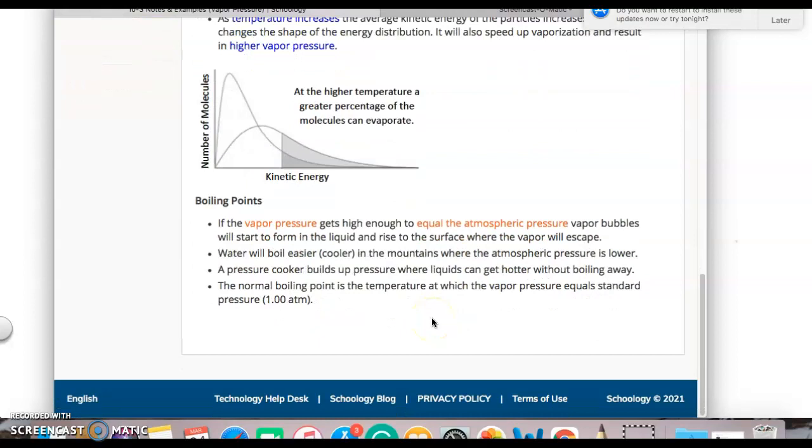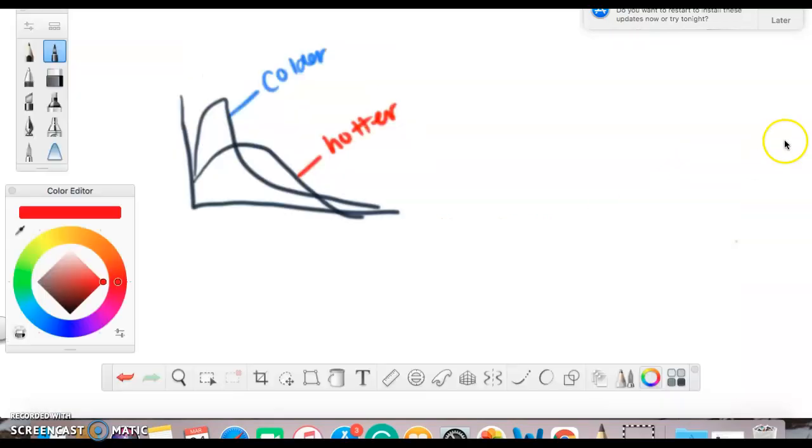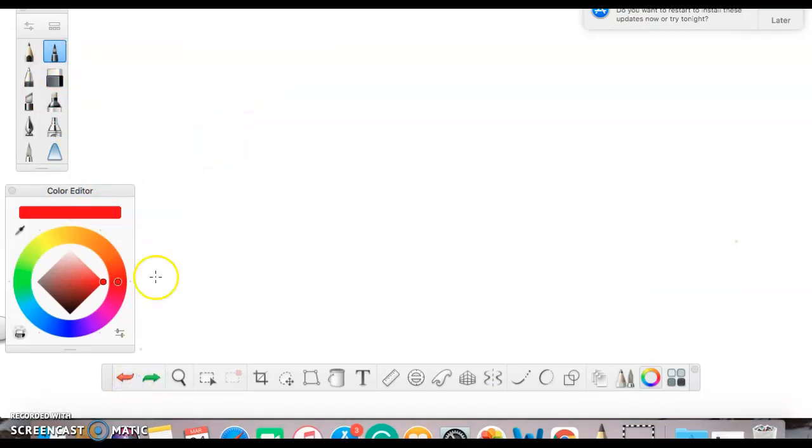Lastly, how does that affect boiling points? When vapor pressure gets high enough to equal atmospheric pressure, then we get vapor bubbles that start to come off, and that doesn't just start at the surface, it'll also go towards the bottom as well. So if we look here, let's clear this out.